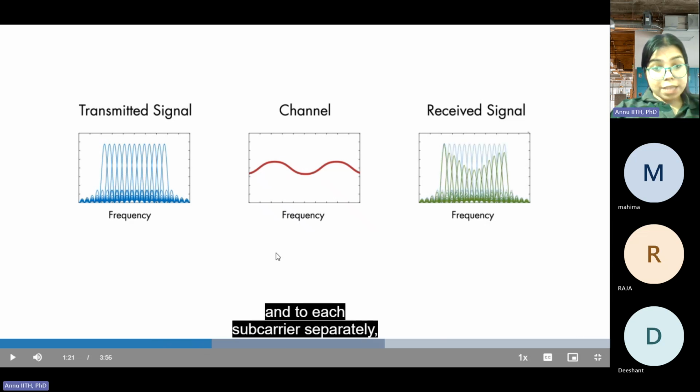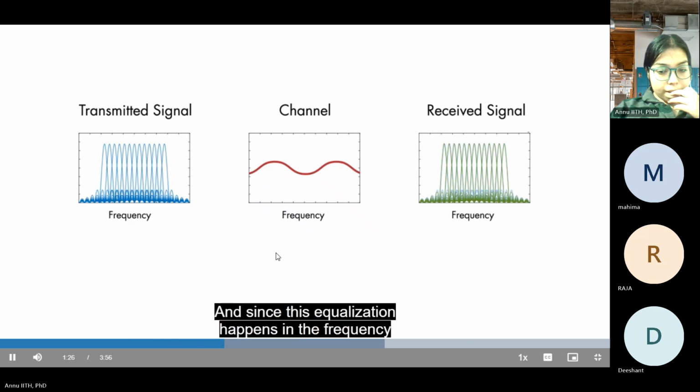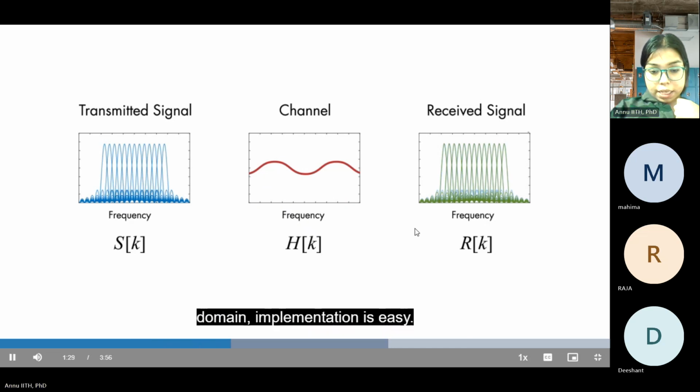And to each subcarrier separately, we can apply the complex gain, which will remove the peaks and valleys. Since this equation happens in the frequency domain, this is HK, this is RK, and the implementation is easy because it's just a multiplication of SK and HK.